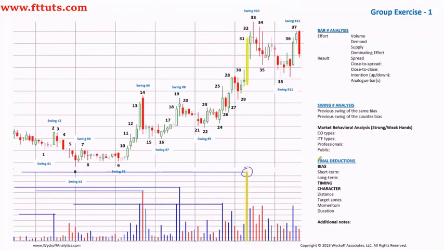I want you to think about this over this week, and think about why we're doing this work on volume and spread analysis. What looks so bullish is hiding a secret, a Trojan horse. It's hiding the presence of institutional selling.